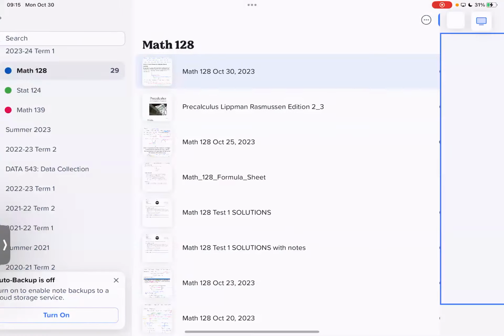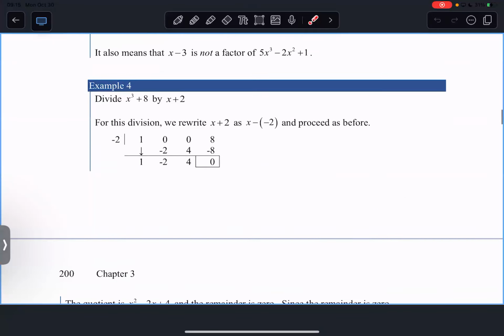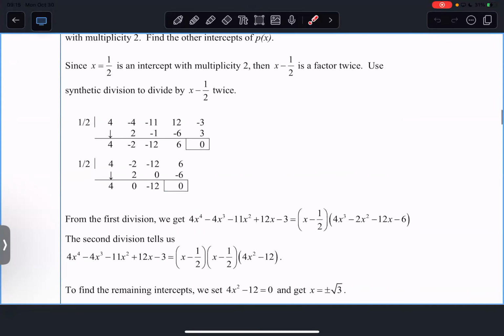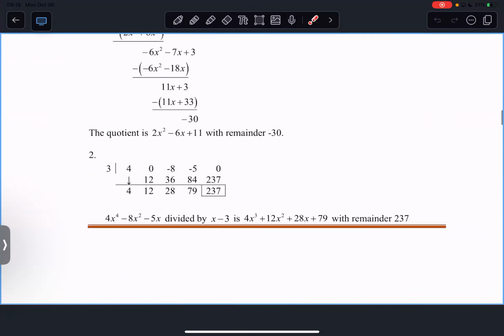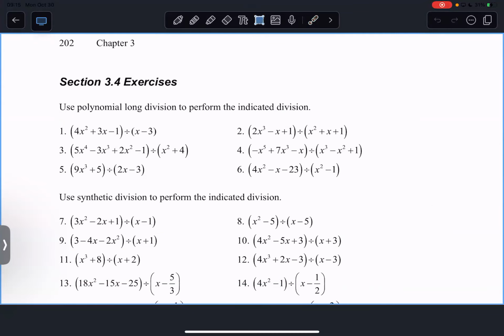Now, let's see here. There was kind of a cheeky example in here. And by example, I mean exercise. Oops.